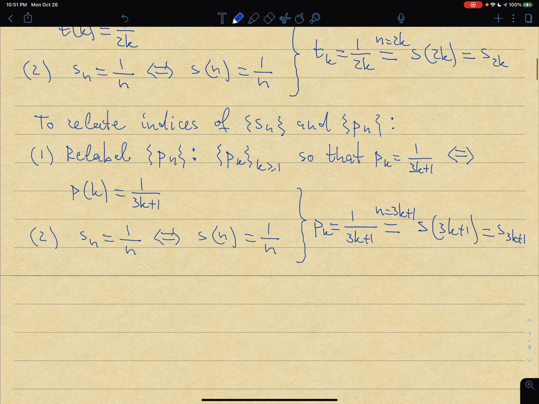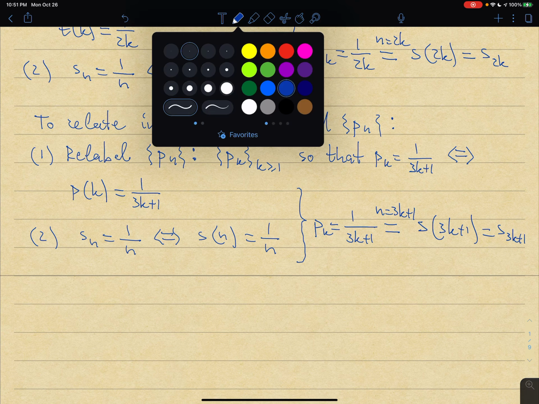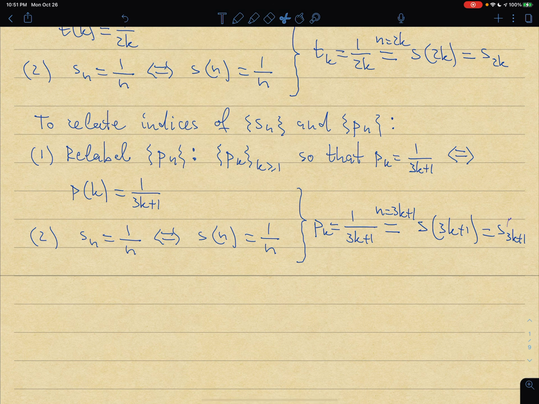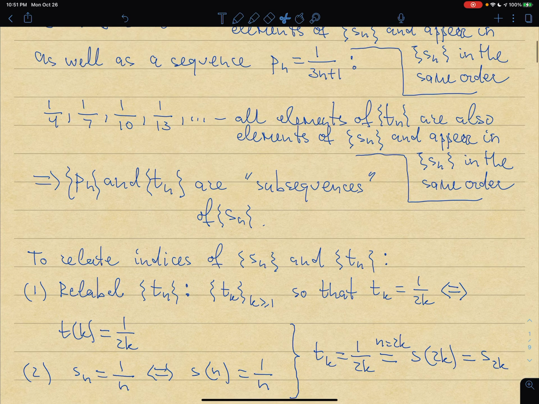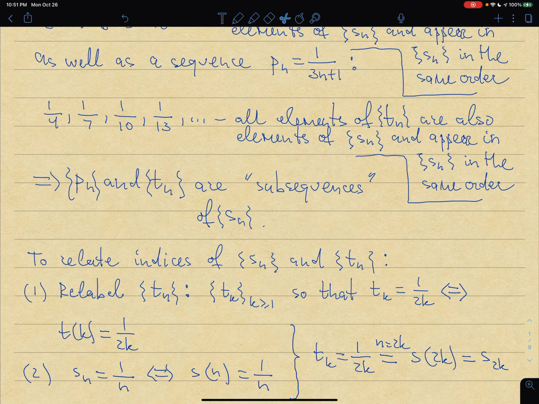So once again, what does it mean to have S of 3k plus 1? It means that as I run k from 1 to infinity, I will need to take S of 3 times 1 plus 1, which is 4. Then the next S that I will select is S of 3 times 2 plus 1, which is 7, then S of 3 times 3 plus 1, which is 10. That's exactly the elements that I'm seeing here.